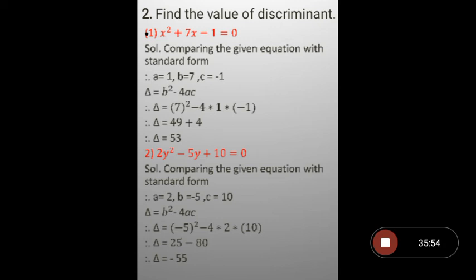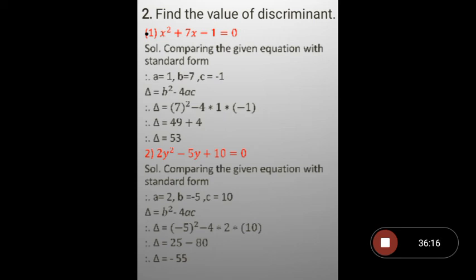Second question, 2y square minus 5y plus 10 is equals to 0. Comparing with the standard form, a is equals to 2, b is equals to minus 5 and c is equals to 10. Finding the value of delta is equals to b square minus 4ac.